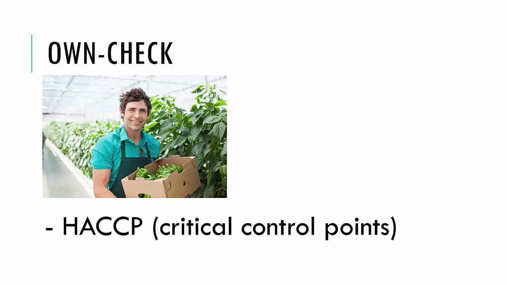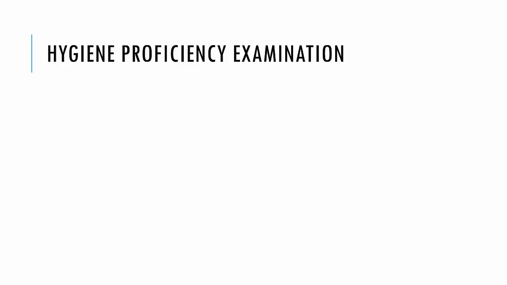A part of your own check plan in a food premise is also assessing your critical control points. This means that every food premise must consider what are the most critical control points we have in our workplace where there could be a risk for food safety presented, and how to minimize these risks.